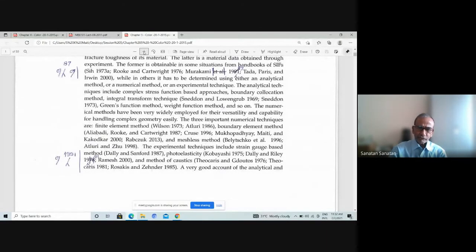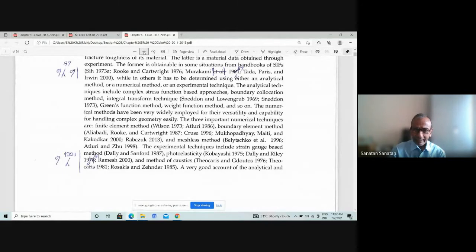Umpteen solutions have been obtained analytically, and many by numerical methods like finite element methods. There are also solutions based on experimental methods, and there are varieties of variants of any analytical method.